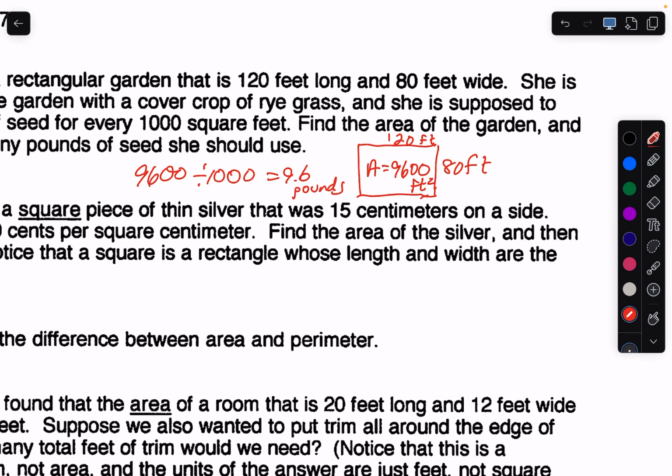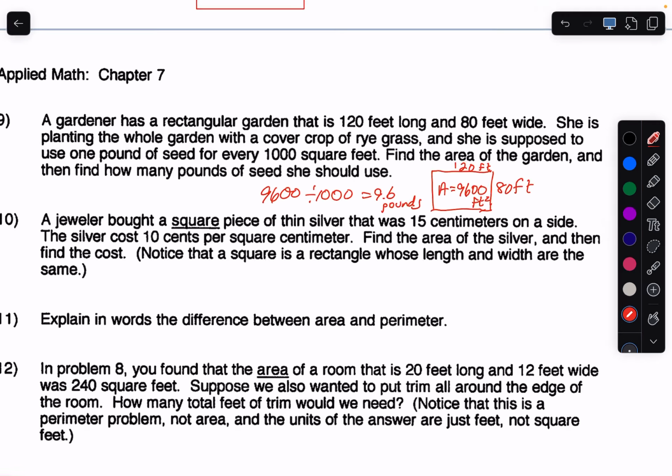What was the person's name? Oh, the gardener. Okay. So here's the problem. If you go to Menards, you might not be able to buy 9.6 pounds. You might need 10 pounds, right? You might need to round up depending on how it's sold.